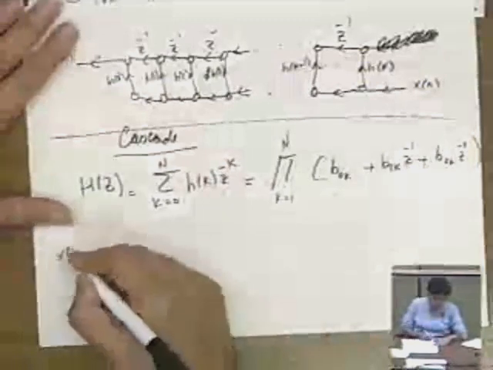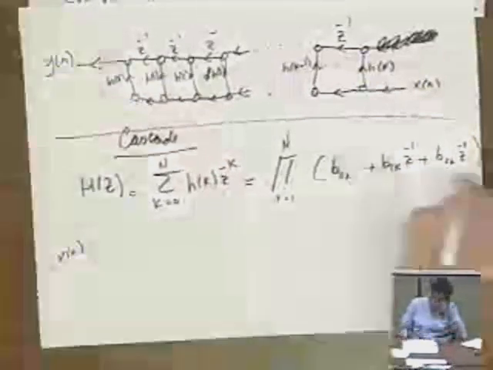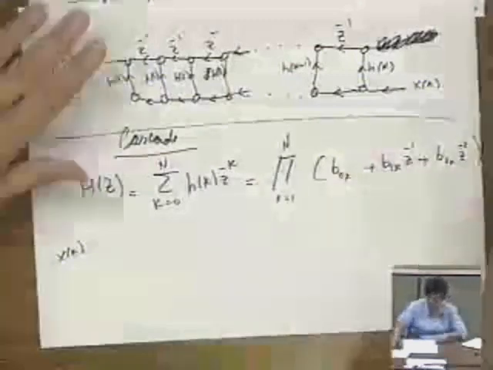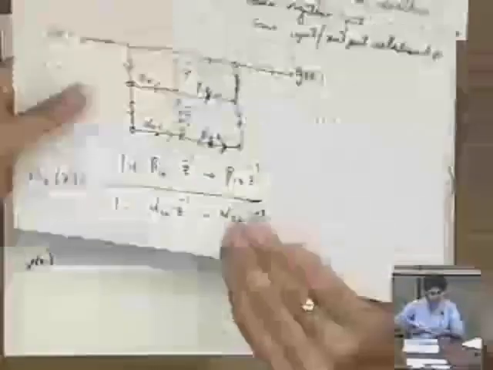Okay, and how would each one of these look? Well, it's not all that difficult. You start with x of n and implement one of these. And how do you implement one of these? Well, one of these is the same as this one, except without the denominator, without the alphas.